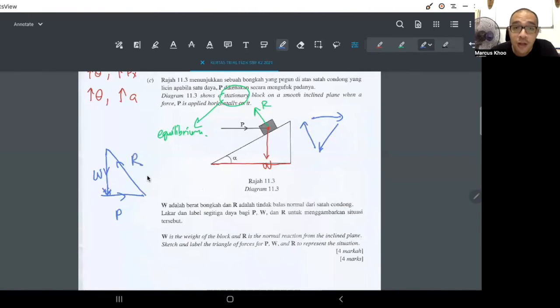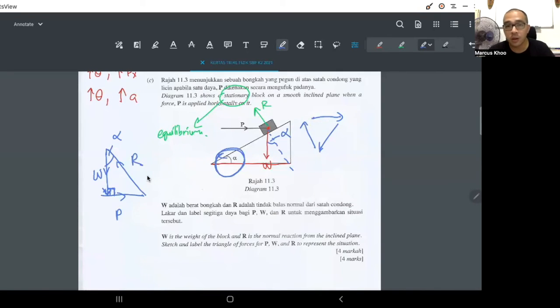The only difficult part about this is where does the angle alpha go? The angle alpha here actually should go here, between W and R. How do I justify this? If I draw this over here, this is the value of the angle alpha.